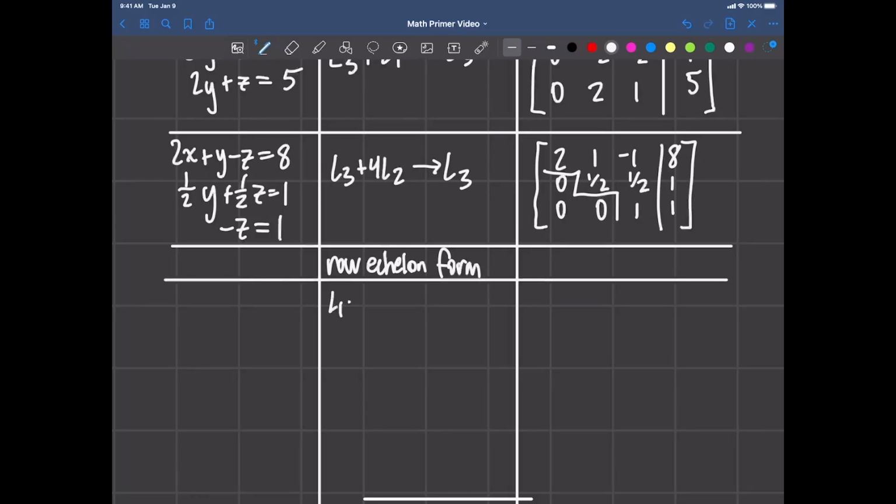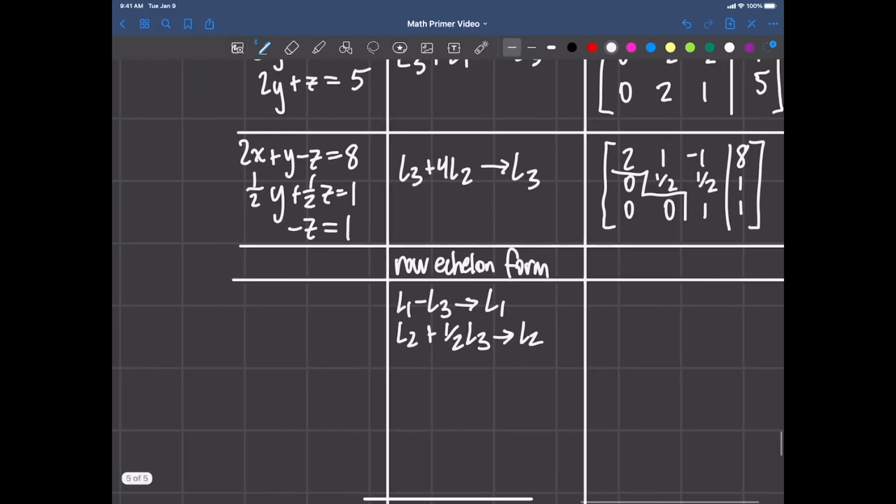Now let's do L1 minus L3 applied to L1, L2 plus 1/2 of L3, and applied to L2. The equations become 2x plus y equals 7, 1/2 y equals 3 over 2, and negative z equals 1.